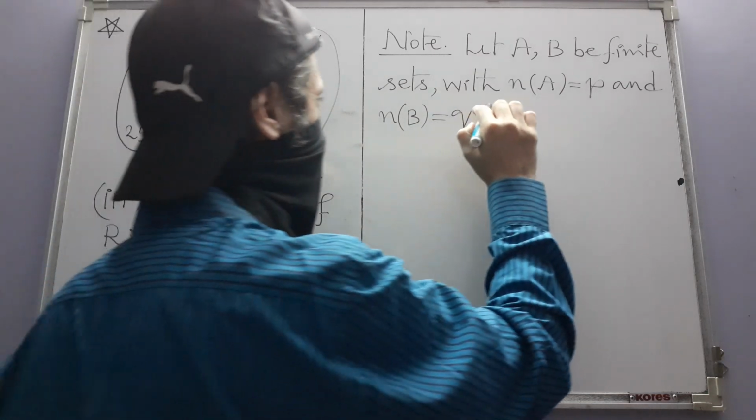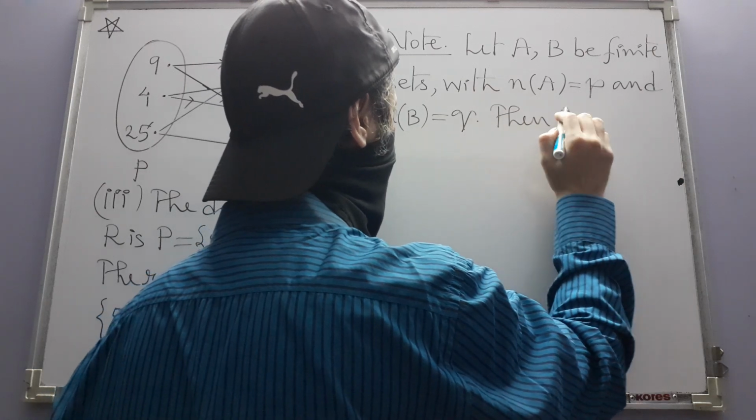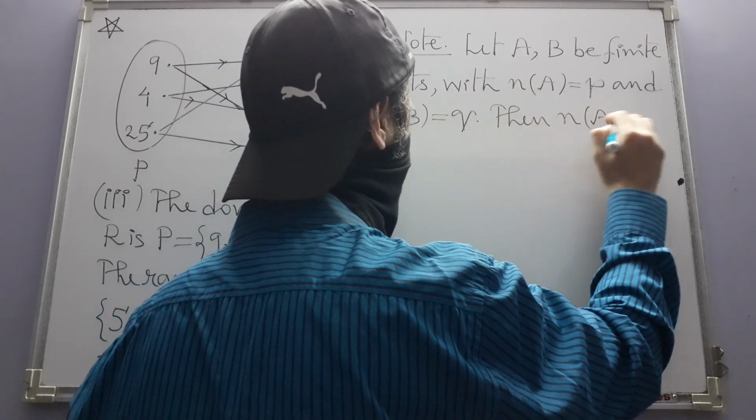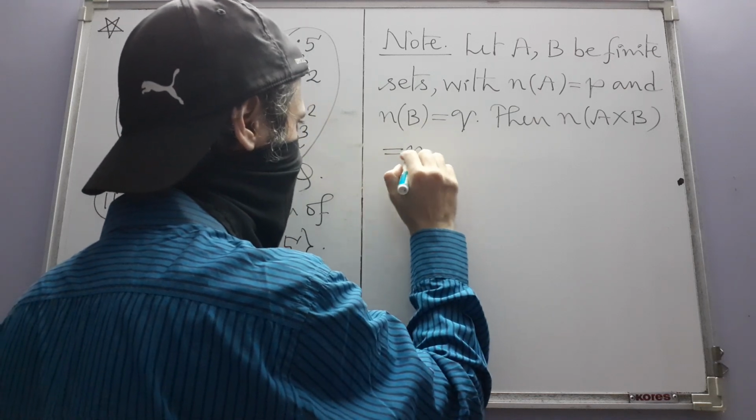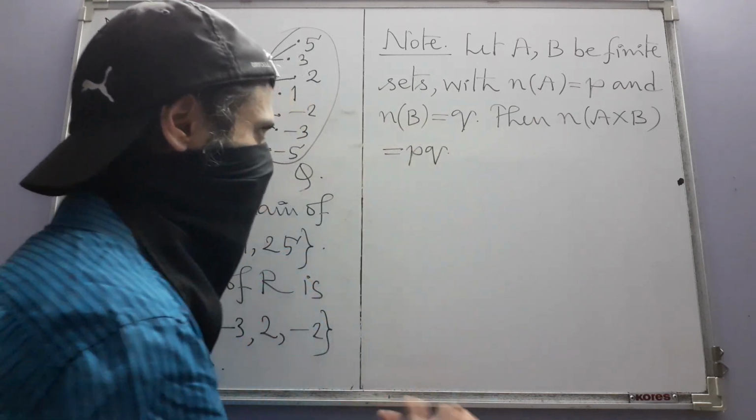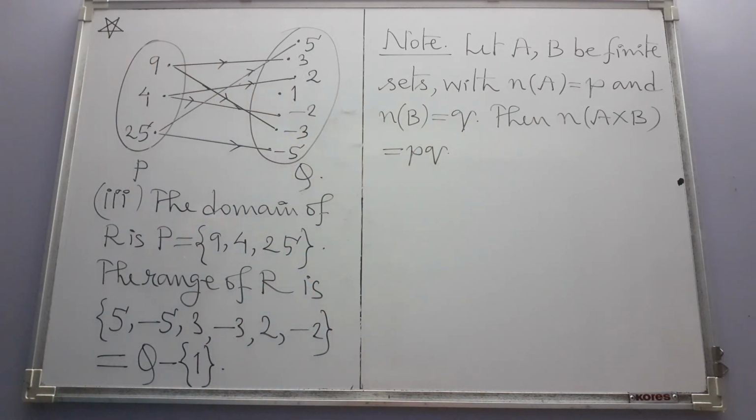Then we already know that the number of elements in the Cartesian product A times B is just the product of the numbers of elements, that is pq.